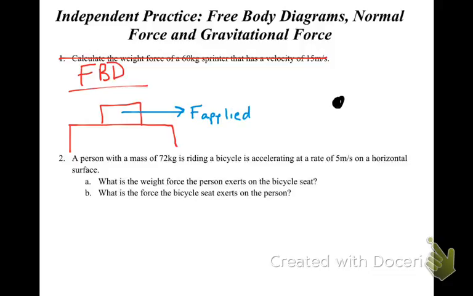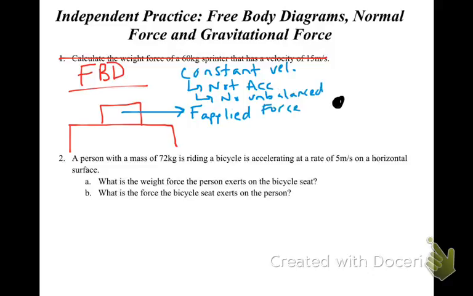Let's just say we're moving at constant velocity. We know that if we're dealing with constant velocity, that means we're not accelerating. If we're not accelerating, that means we have no unbalanced force. So here's how you would draw your free body diagram.